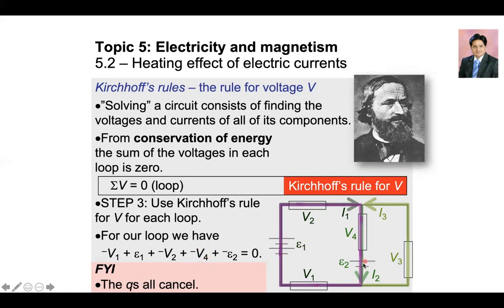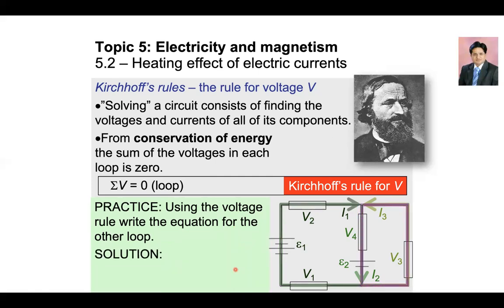Then here, look at the second cell. You are moving from positive to negative. So that would be negative E2. And again here, this would be negative V1. And that should equal 0 because the rule says the algebraic sum of the voltages, or the net voltage along the loop, has to be 0.